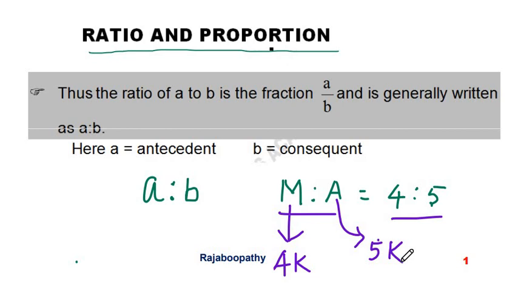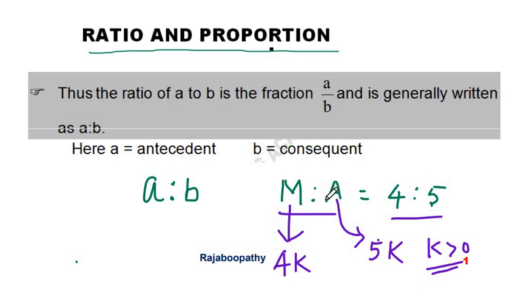So the cost of a mango is a multiple of 4 and the cost of an apple is a multiple of 5, where k is a positive number. k can be a fraction. Suppose k is equal to 10, then mango is 40 rupees and apple is 50 rupees.